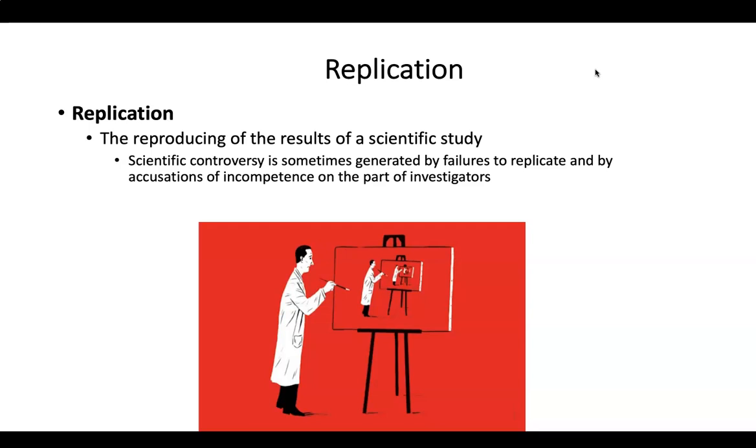Now, this is an important concept for sociology and psychology, economics, and especially for the medical sciences. So here's where there's a bit of a problem, in the sense that you'll see this in newspapers every so often. There'll be some headline of a study.